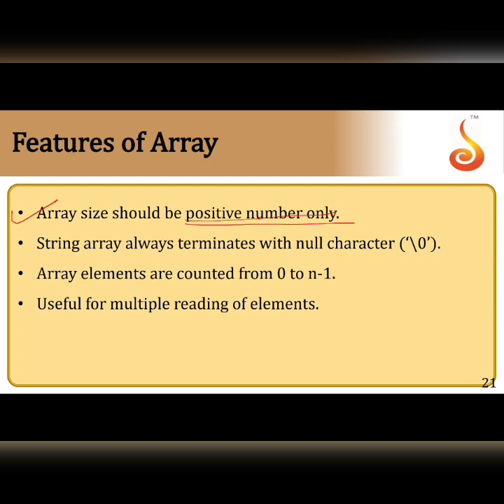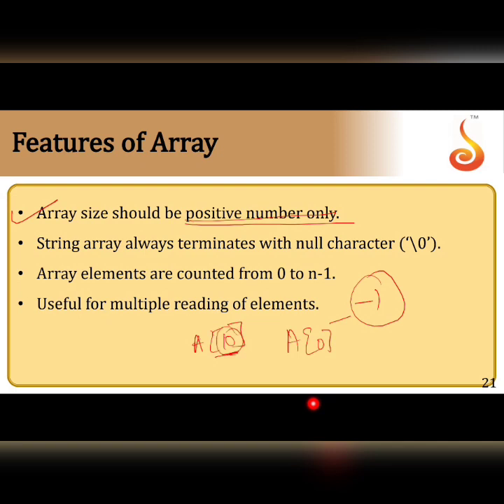The array elements can be negative. For example, I say the size A of 10. This has to be positive, but A of 0 can store -1. That is fine. But the size of the array should be positive. Getting it?